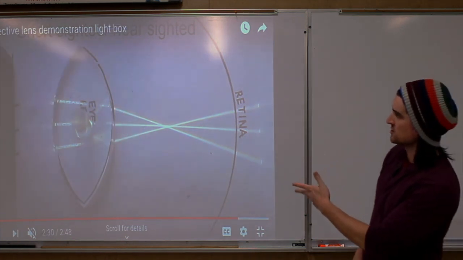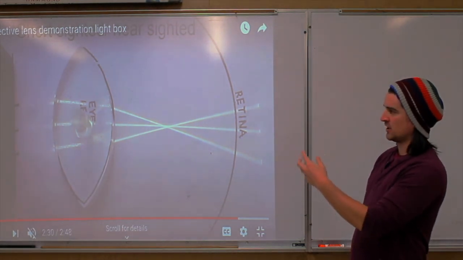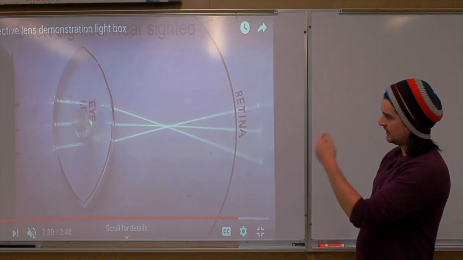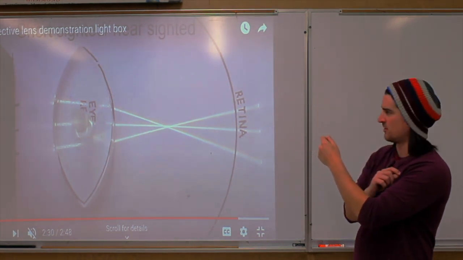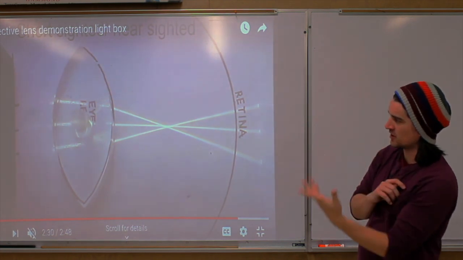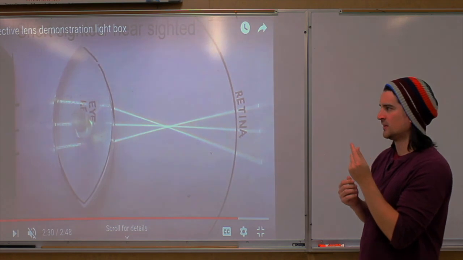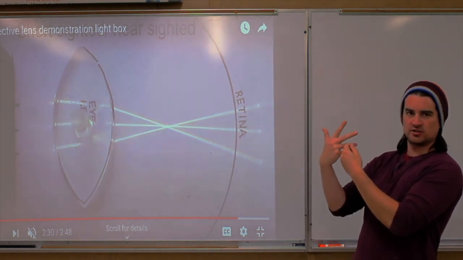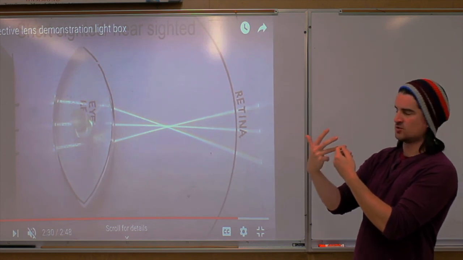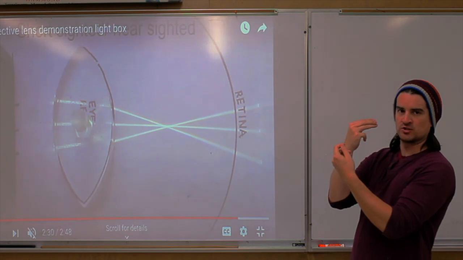Then the other case was nearsightedness, and that's when your eye is focusing the light too quickly, and all the focus is inside of your eye before it hits the retina. Again, if you want to correct that, we can take a diverging lens and put it in front of your eye, so that instead of the light coming in as it would, it's spread out initially, so that your eye that's already over-converging will now converge at the correct spot.